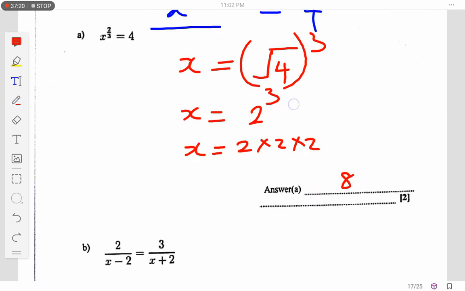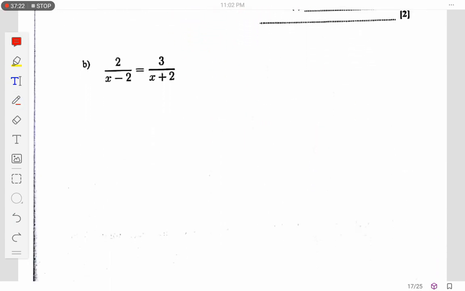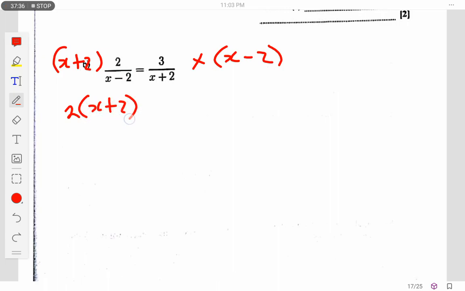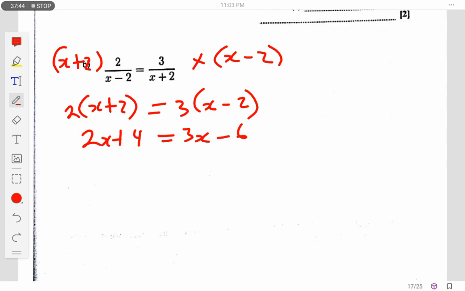Okay, let's move on. Solve this one. For this one, we can cross multiply this side by x minus 2 and this side by x plus 2. So here we have 2 over x plus 2 is equal to 3 over x minus 2. I have 2x plus 4 is equal to 3x minus 6.